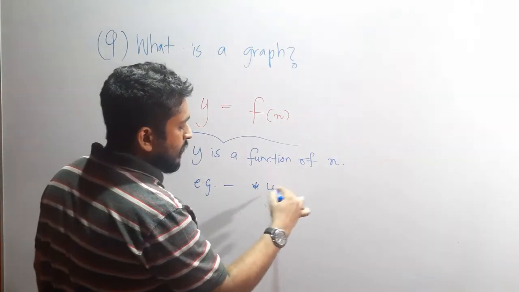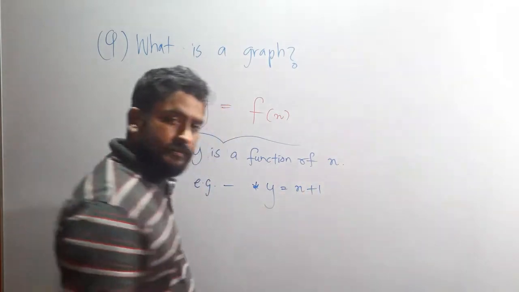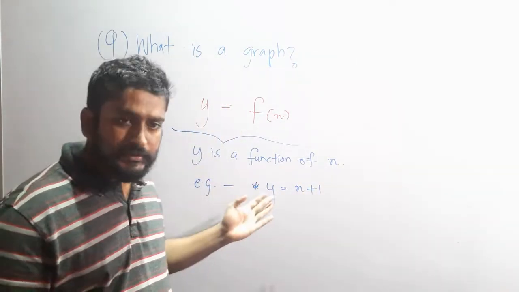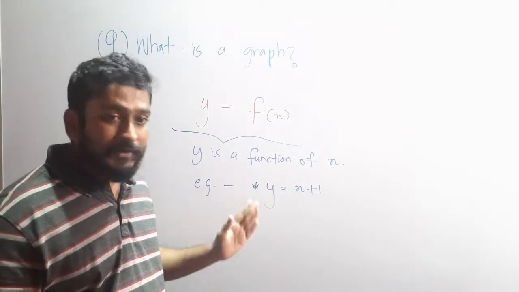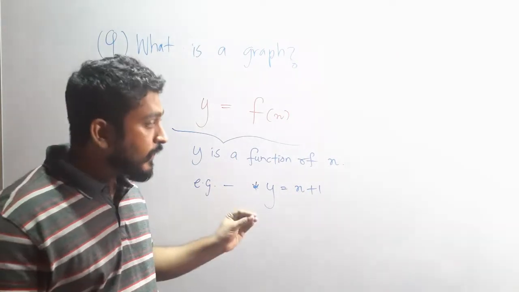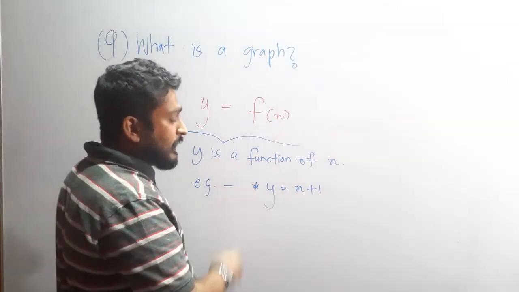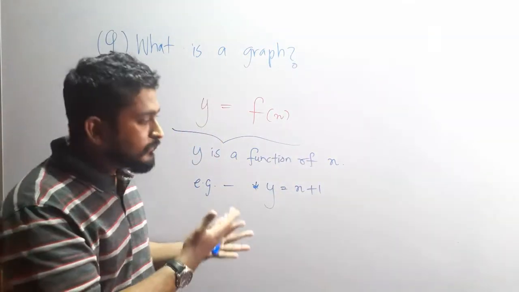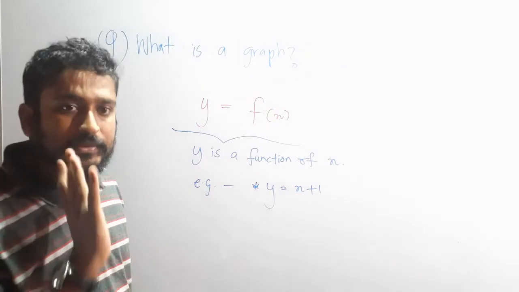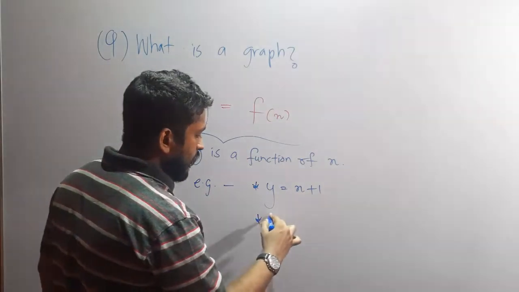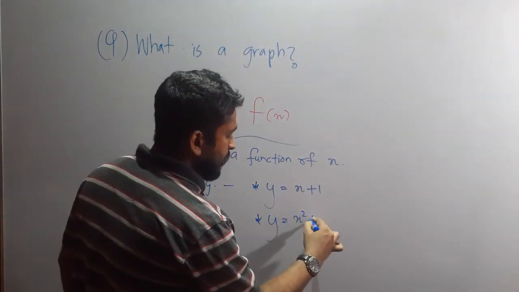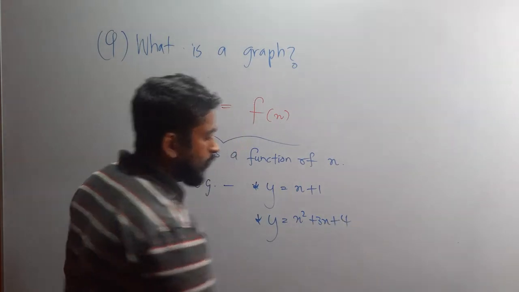First one, y equals x plus 1. Isn't y a function of x? Yes, y is a function of x because y is in terms of x. Then y equals x squared plus 3x plus 4.